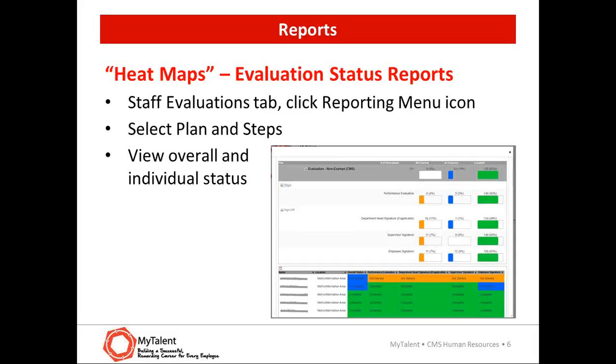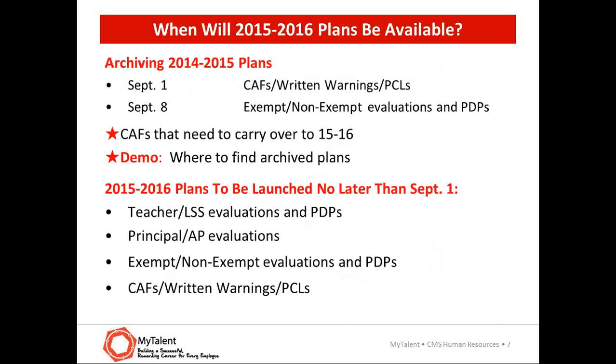When you click on that icon and select the reports, you can select the plan, then you can select specific steps, and then you can view the staff members that report to you and the status of their evaluations step by step. This is an easy way to see your progress as you are wrapping up your exempt and non-exempt evaluation plans for this year. I'm now going to turn it over to Alan Dillard, who will talk about the plans coming up and changes in MyTalent.